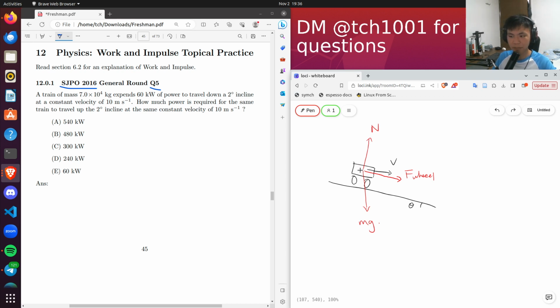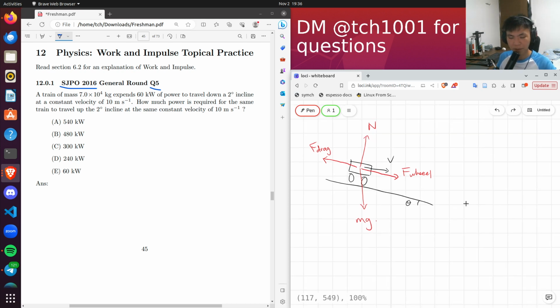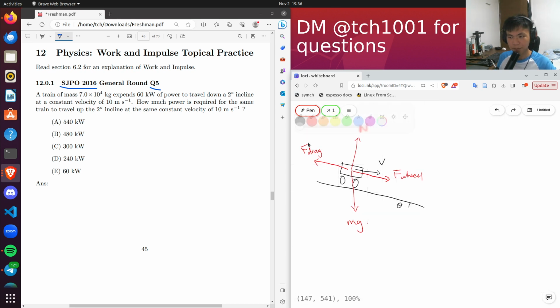But I'm just going to generalize and lump them all together and call it drag. So drag includes friction in this case. I'm lumping it all together, and we'll see that this lumping is justified.